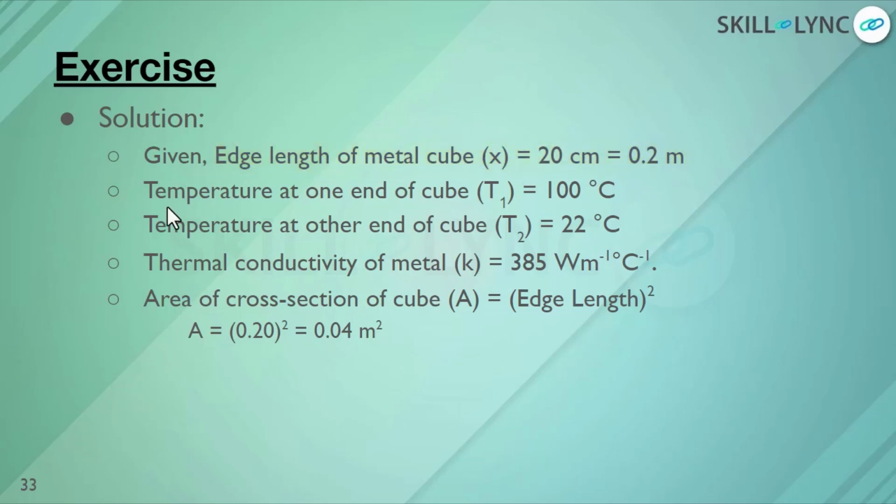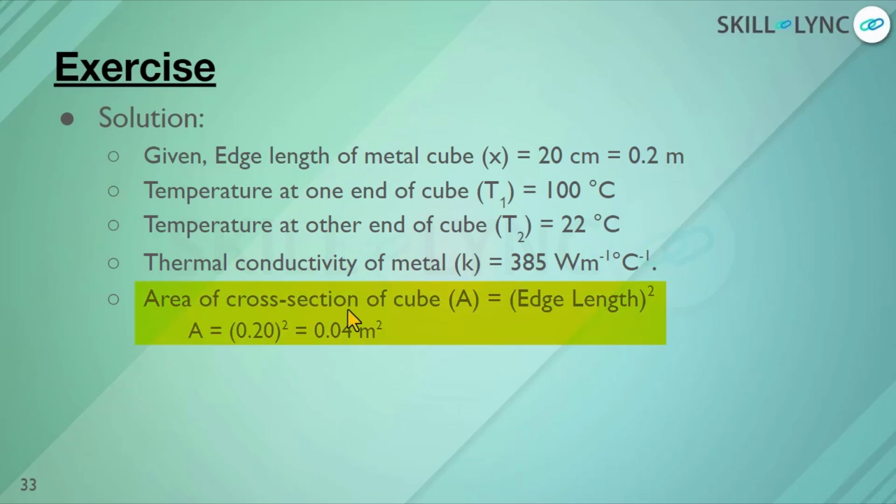Further, the temperature at one end of the cube is 100 degrees Celsius, denoted by T1. The temperature at the other end is 22 degrees Celsius, denoted by T2. It is also given that the thermal conductivity of the metal is 385 watt per meter per degree Celsius.